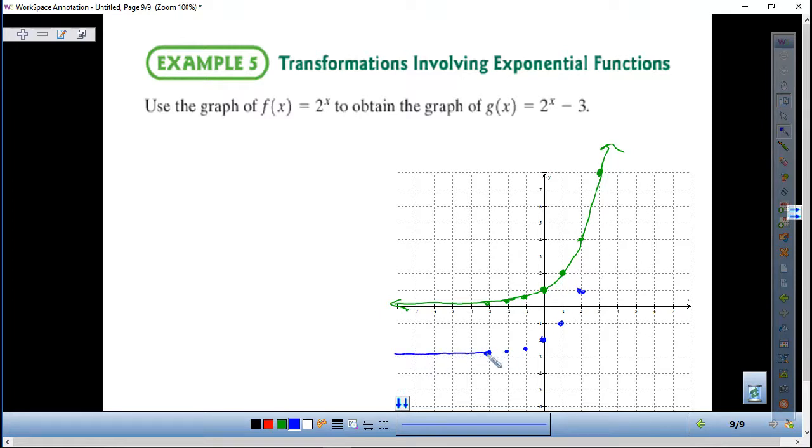Now, here's the thing that you need to remember. If you're just sketching this, you don't actually need these points. You will need this point, which is your base point, but also don't forget this horizontal asymptote that's running through here. If you take that horizontal asymptote and drop it down 1, 2, 3, then it's now going to be right here, and you know that's what you're approaching as you go off to the left. So that's where that minus 3 comes in.